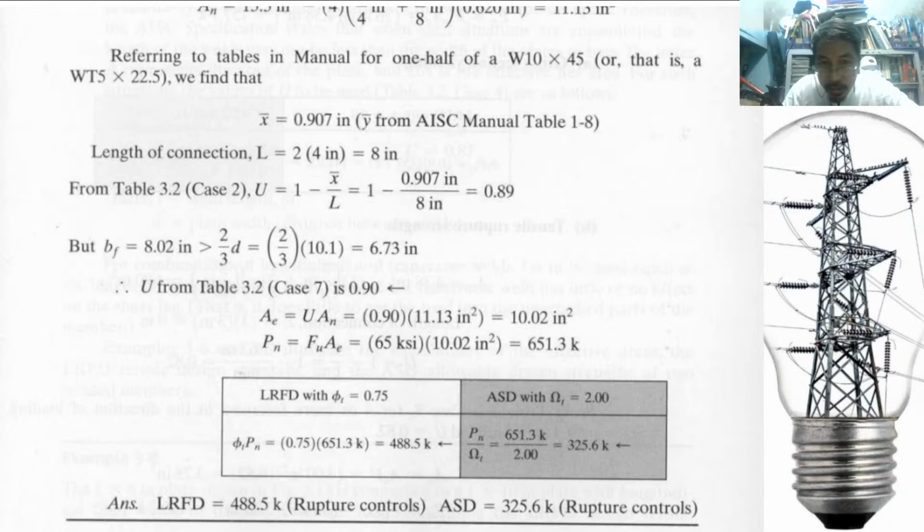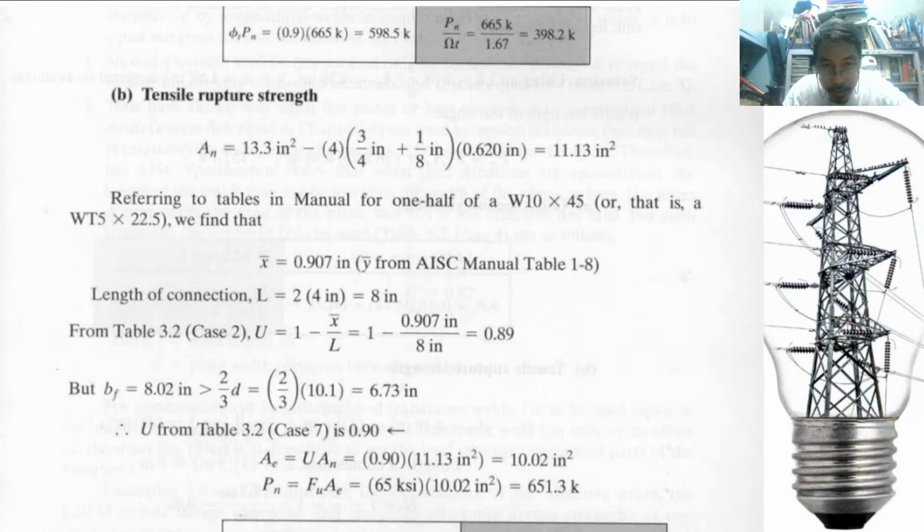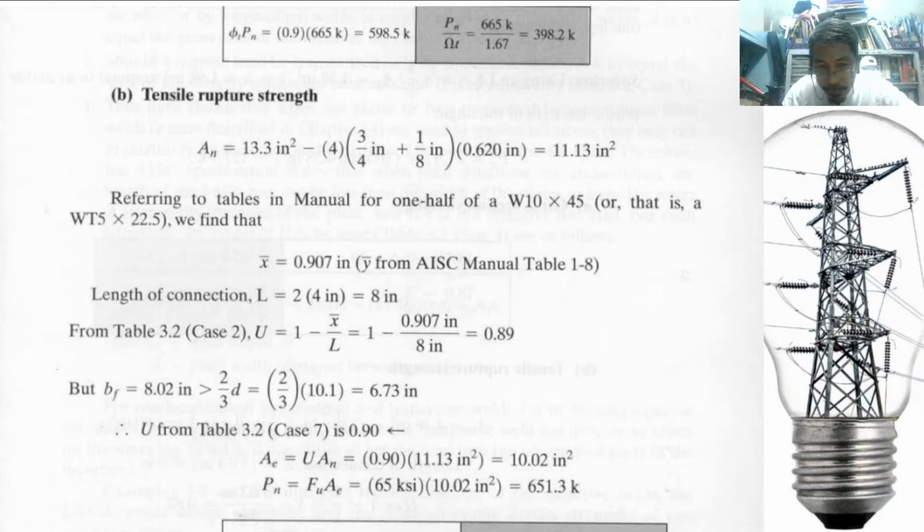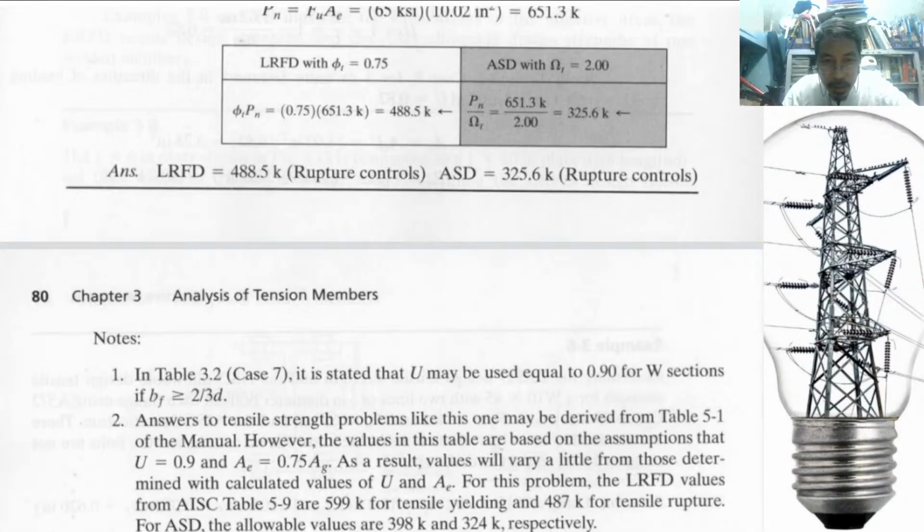Take note, 341. So compare this 341 to our yield, 398. Therefore, 341 is the answer. So the final answer would be 341 here on the ASD.